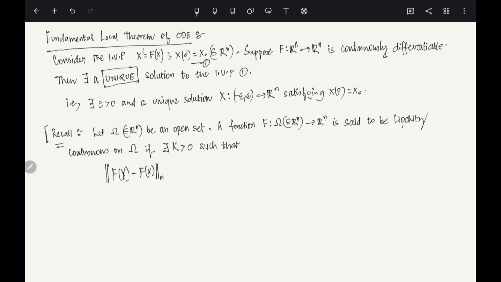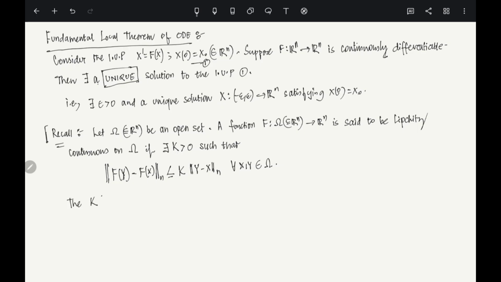Okay, so that will always be dominated by constant times norm of y minus x. So again y minus x and y are in Rn, so this is also the Rn norm. Okay, this should hold for all x, y in omega.